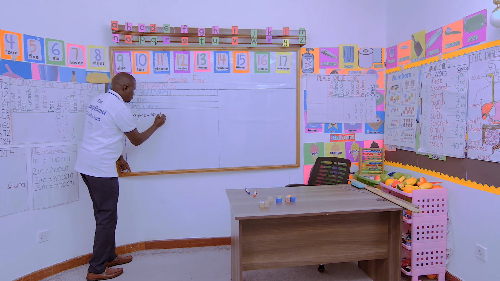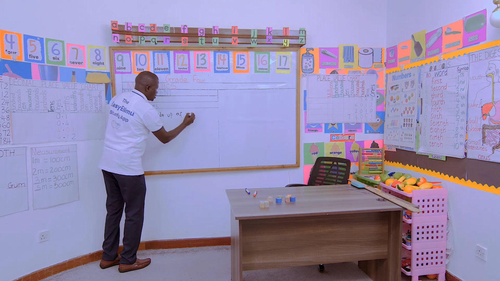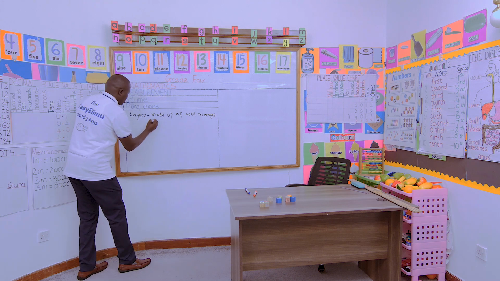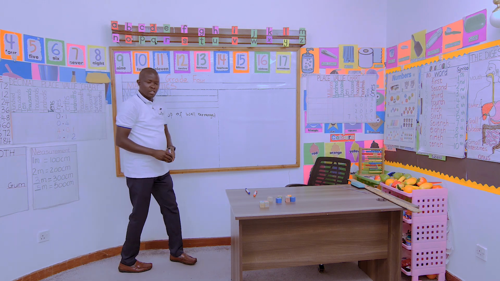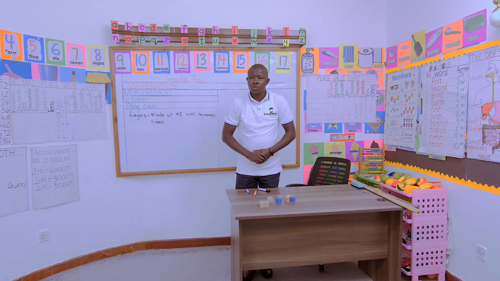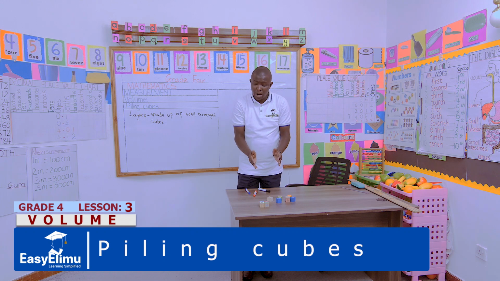A layer is made up of well-arranged cubes, and we have arranged ours very well. So this is the first layer. For us to pile them now, we have to build on top of this.